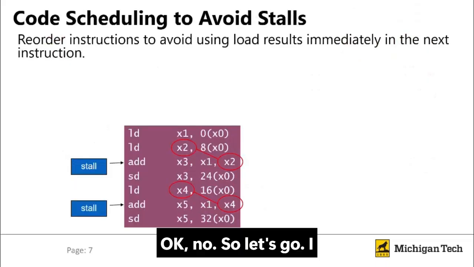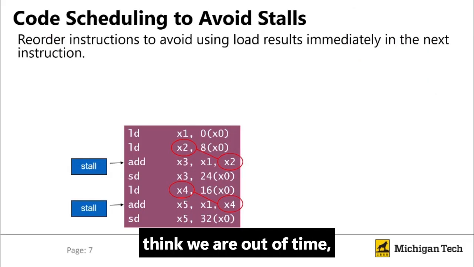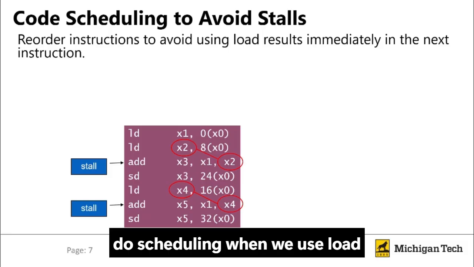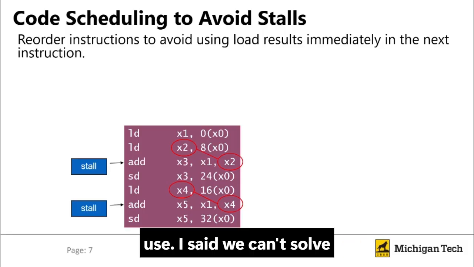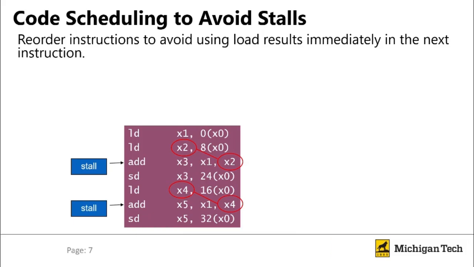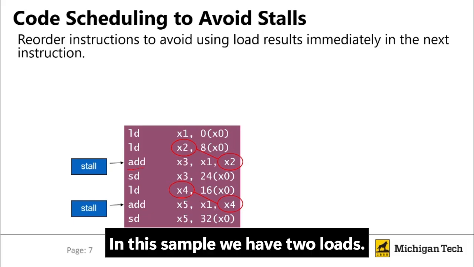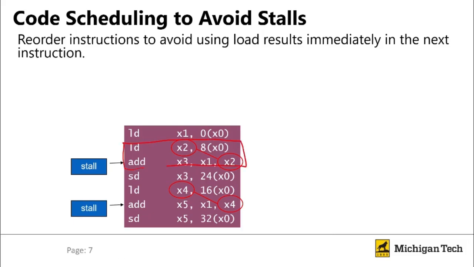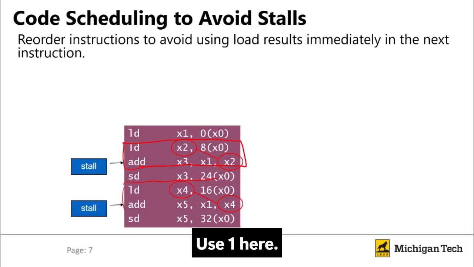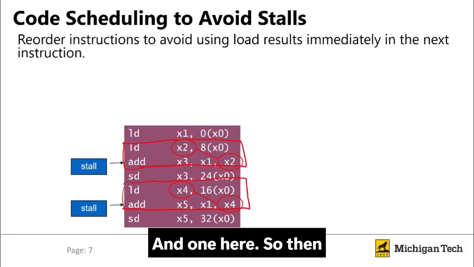Okay, so let's go. I think we are out of time, so let's finish this slide as well. This is how we can do scheduling. When we use load-use, I said we can solve load-use without the stall. In this sample, we have 2 load-use cases, one here and one here.